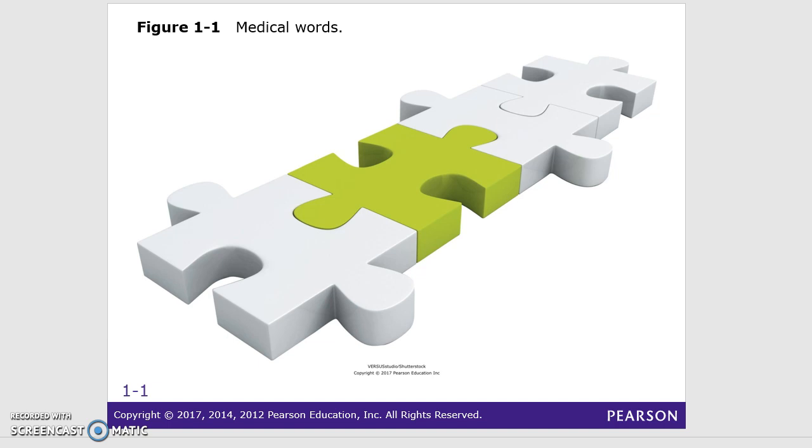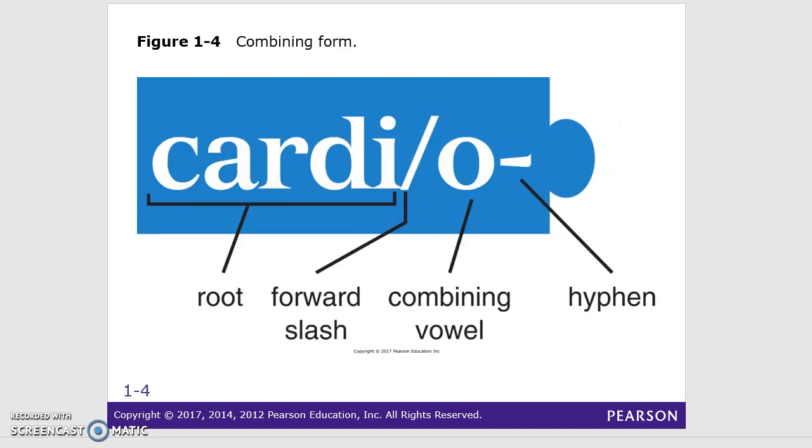So things like learning that when you put, for example, cardio in front of something, what does that really mean, and what are all these different pieces, and why do I put an O in here, that it's a combining vowel, and what does it do for me, and things like that. So that's what you're going to be looking at in this particular chapter.